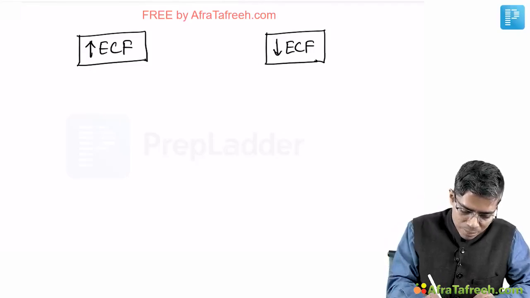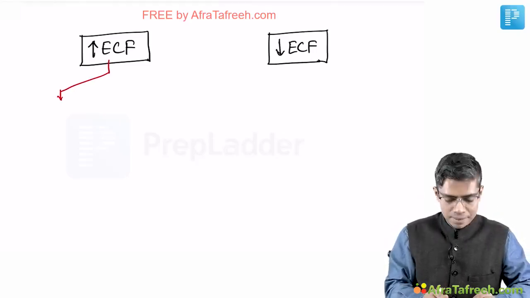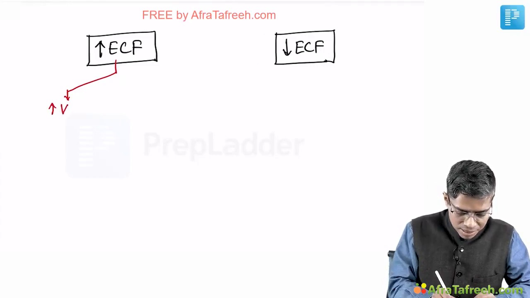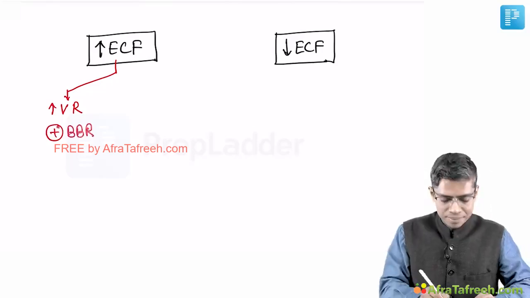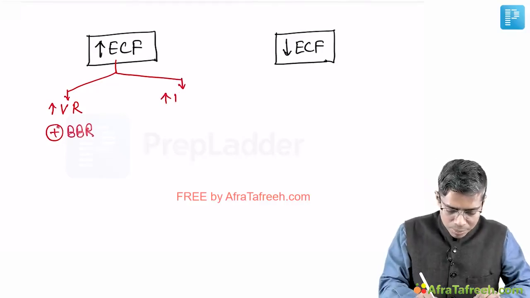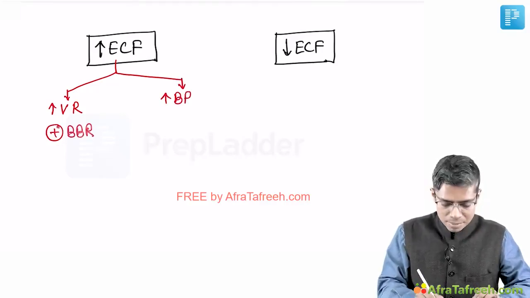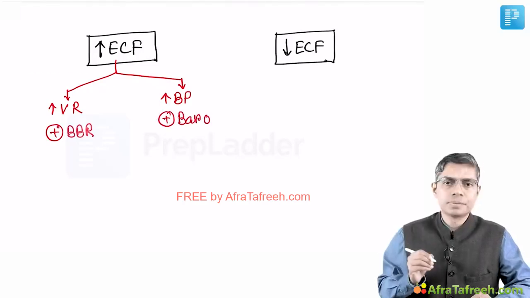Whenever your ECF volume is high, obviously your venous return will be high, right? Increased venous return means activation of the Bainbridge reflex is going to happen. Increased ECF also means an increase in blood pressure, and increased blood pressure means activation of the baroreceptor also.